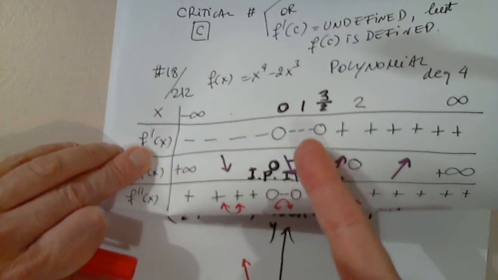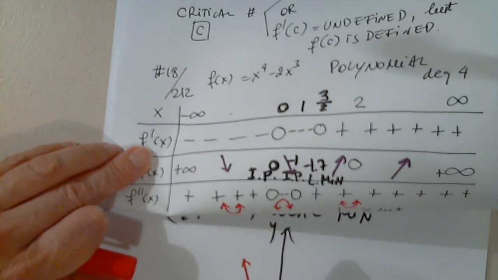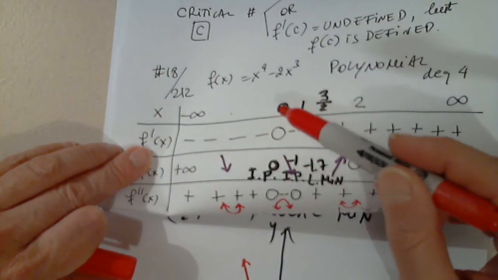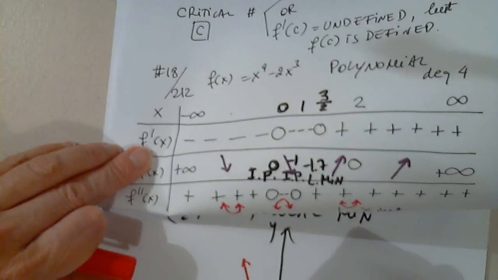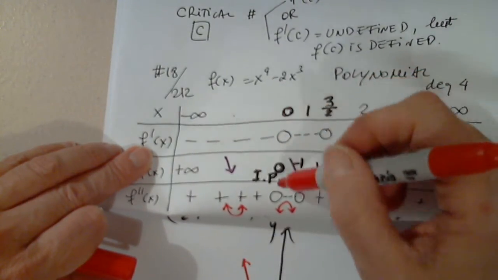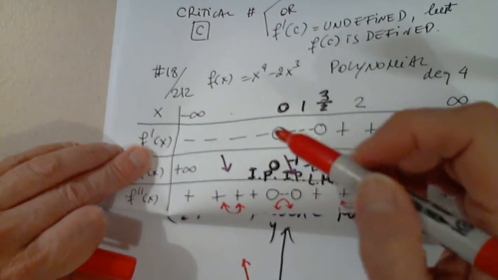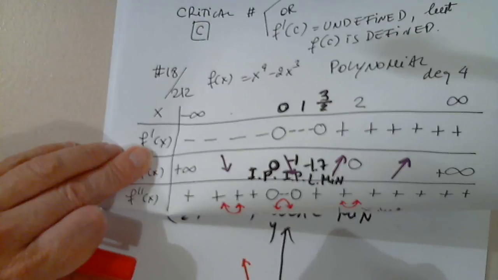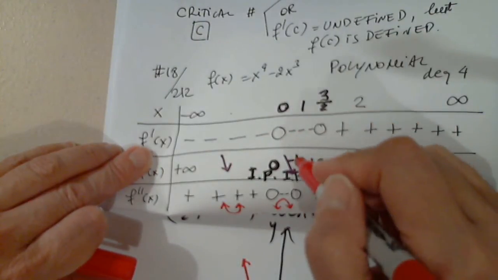Now, at 1, -1, at this point, the function is going to change concavity. So 0, 0, and then it starts opening down, still decreasing. So it's decreasing to this point, which is 1, -1.